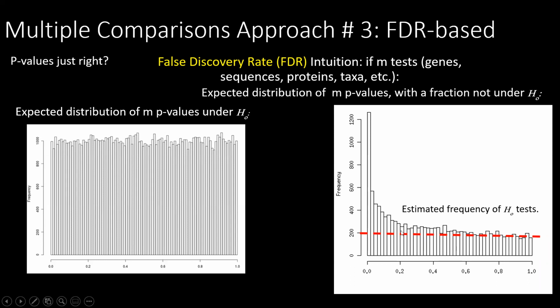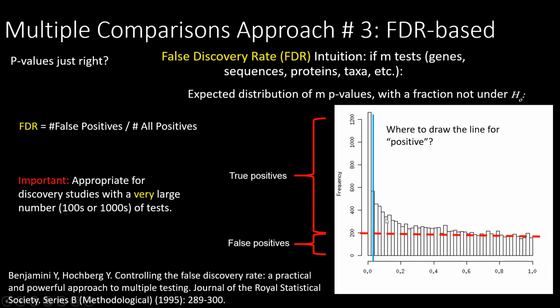And so the idea here is to say, okay, we want to come up with an estimate of the frequency of null tests. And so we want to find a line where we want to say a test is positive or a test is significant. And the idea here is that there's this uniform distribution of null findings or of null results with a small fraction of true positives.